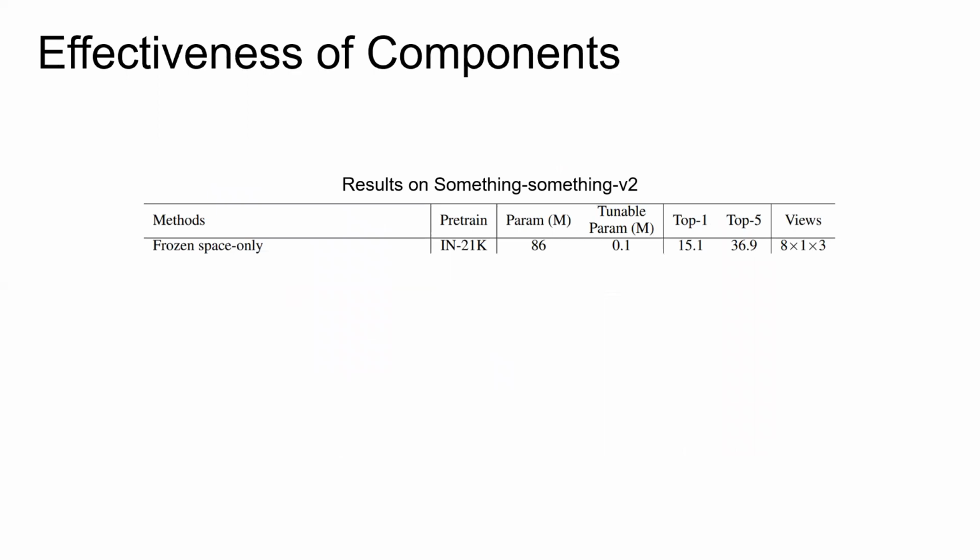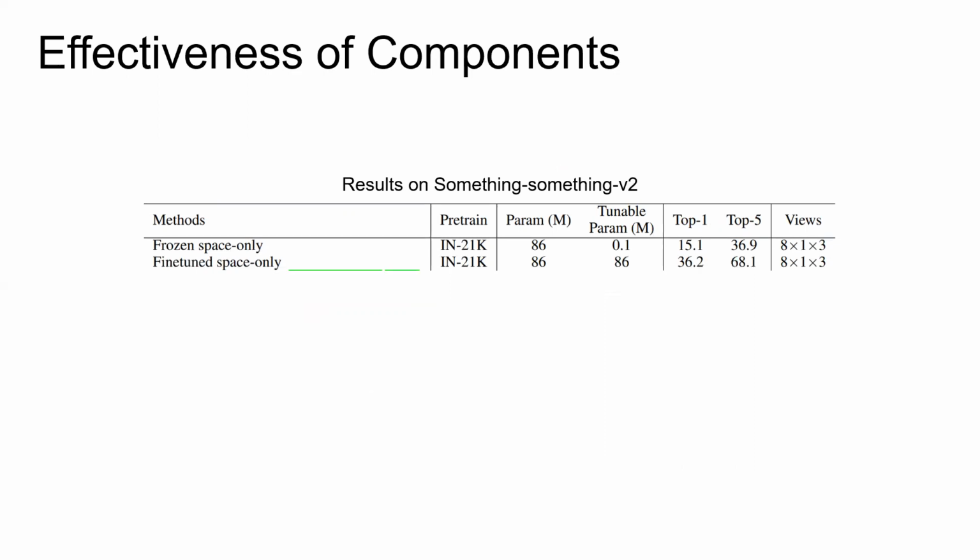And here is an ablation study to show the effectiveness of different components. We first introduce three baselines. The first one is a frozen space-only baseline. That is, we only tune the classifier of the image model. We can see the performance is very low, but the tunable parameters are also very few.